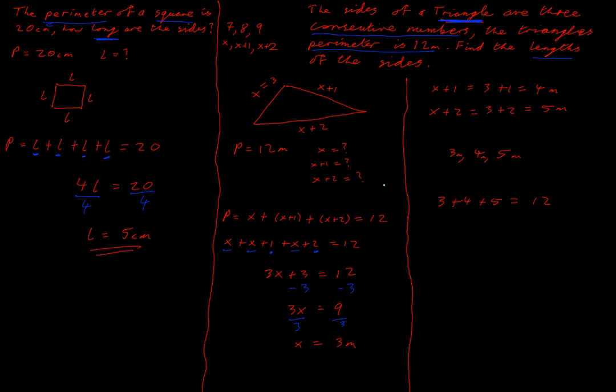So really important that what we're doing is taking each bit of our sentence, we're writing it down as clearly as we can. If we're given a shape, we're definitely going to draw a picture of that shape, and we're going to try and label each part. And if we can do that, if we can get very good at doing this part, the rest of it you already know how to do.